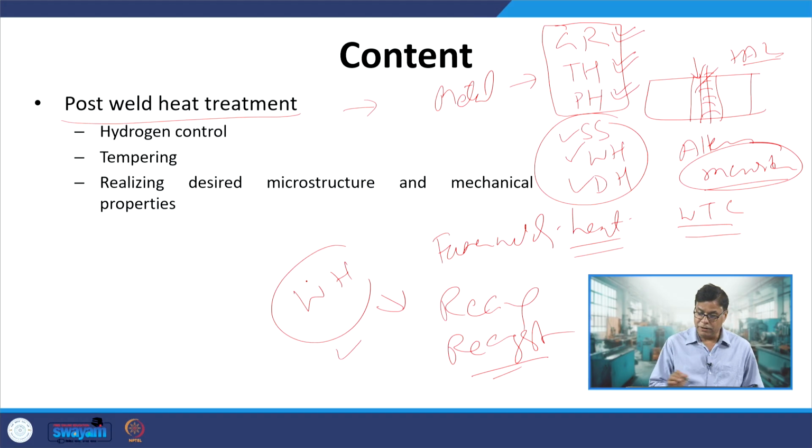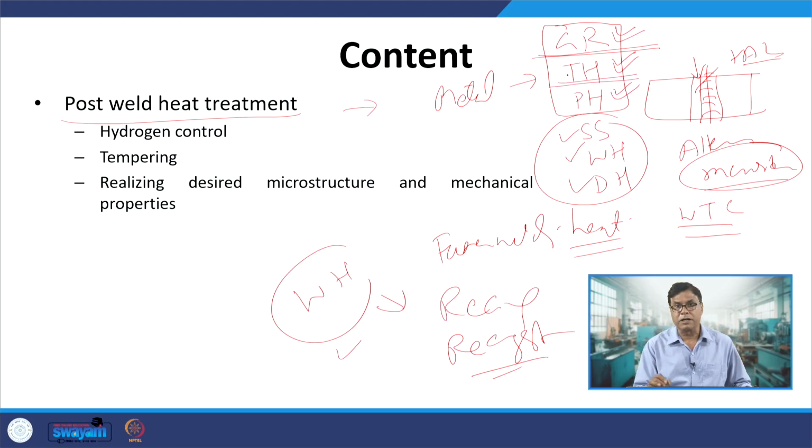But certainly, a lot of things can be done for refining the grain structure, for altering the microstructure of transformation hardening metals, and restoring the microstructure of the precipitation hardened metals through post weld heat treatment, so that the mechanical properties of the weld joint can be achieved in such a way that they serve the purpose.